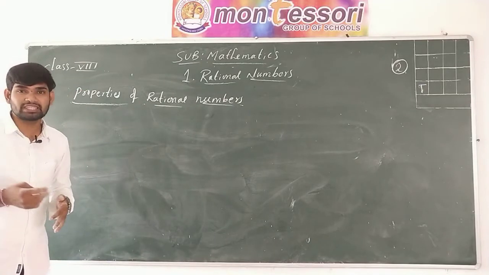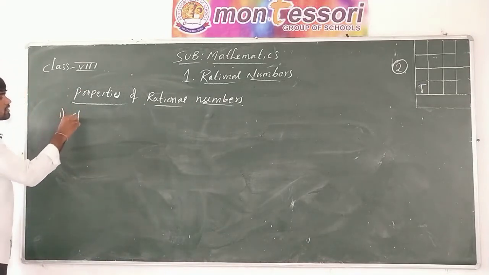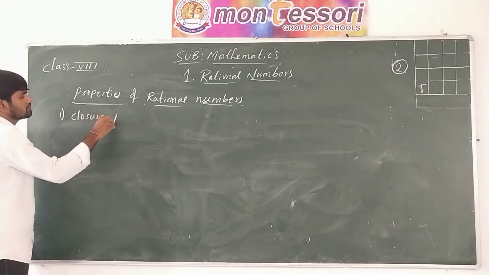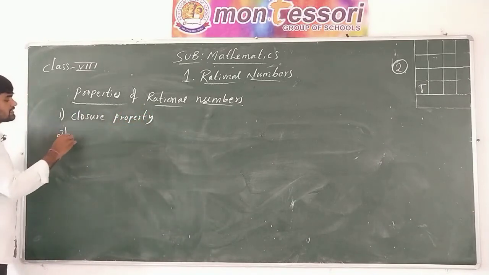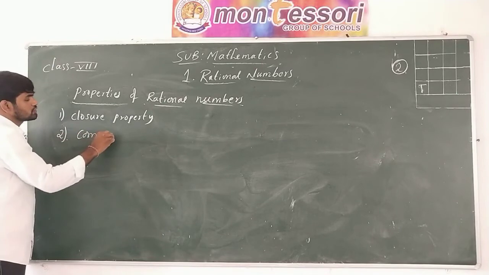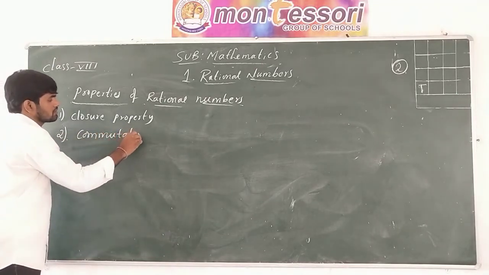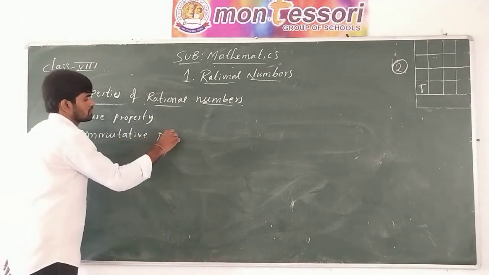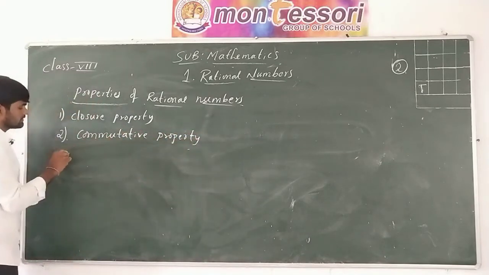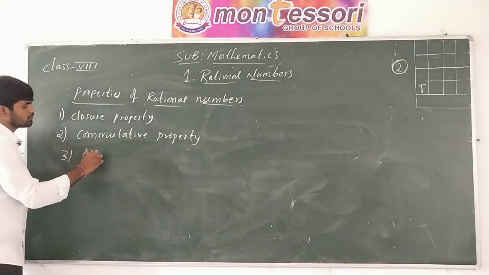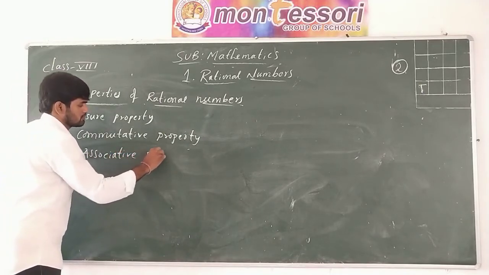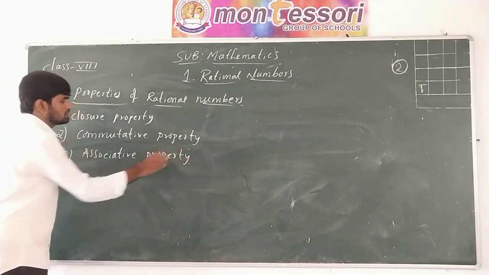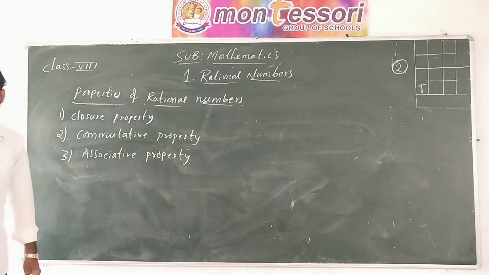So what are the properties? First one is closure property. Second one is commutative property. And third one is associative property. So these are the three main properties.